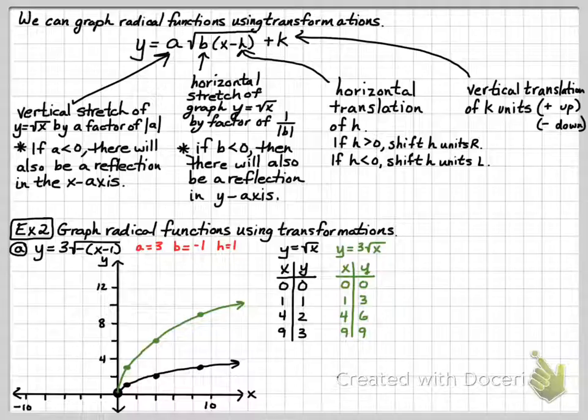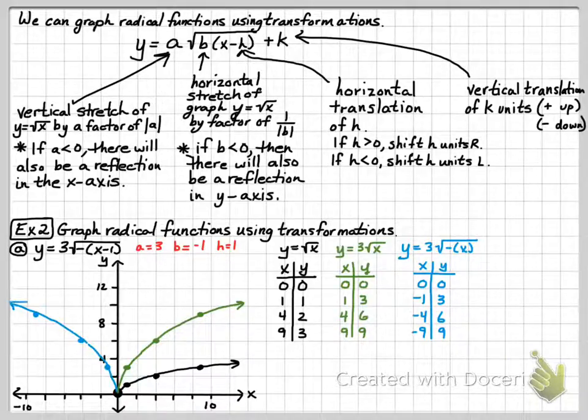Now my b value is negative 1. So that means that the horizontal stretch is going to be 1, which means it doesn't change. But now there's going to be a reflection in the y-axis. So that means all of my x values are going to be negative. Therefore, it's going to look like that.